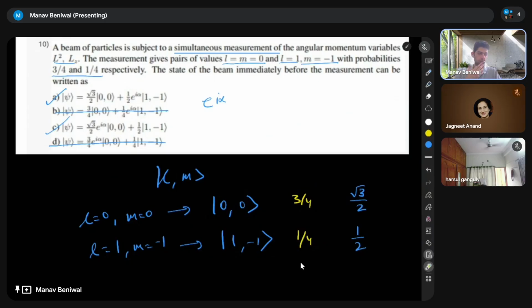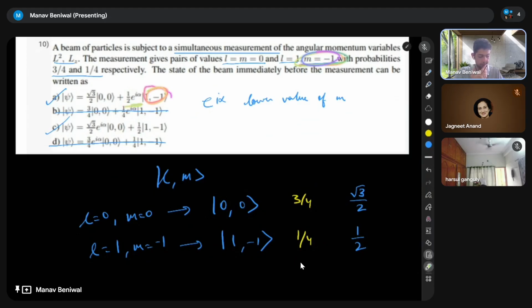But if you only have to choose one, generally we have a convention that we associate this phase with the lower value of m. In this case, the lower value of m is minus 1, which is the second state here.